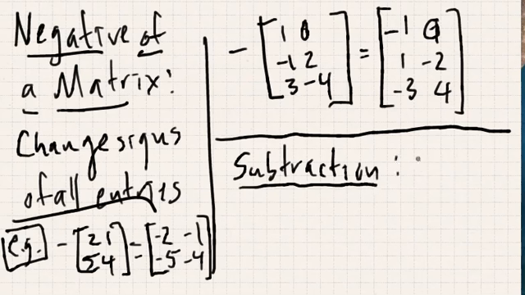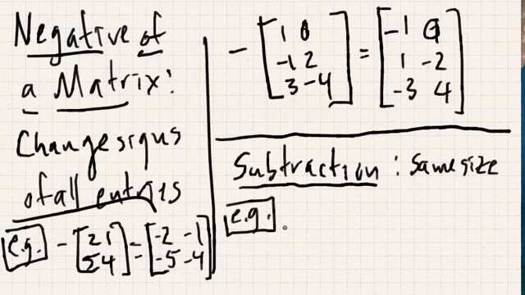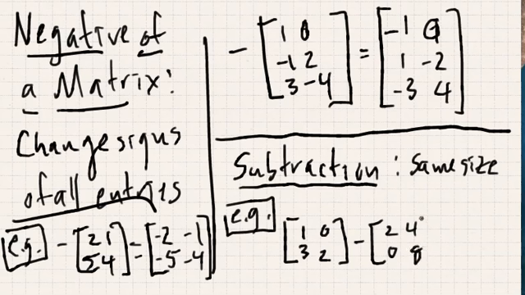Again, the matrices need to be the same size. Let's suppose I have 1, 0, 3, 2. I'm going to subtract 2, 4, 0, 8.